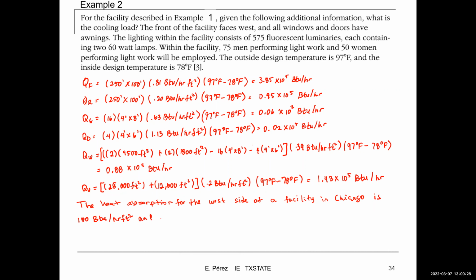And for the east side, 75 BTUs per hour feet square.